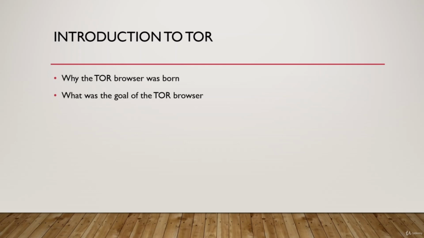And as mentioned, the main goal of the Tor browser is very simple. It's helping people stay anonymous, especially online. So that's the main goal of the Tor browser. The Tor project began in 1990, and it was fully developed around 2006, if I'm not mistaken.